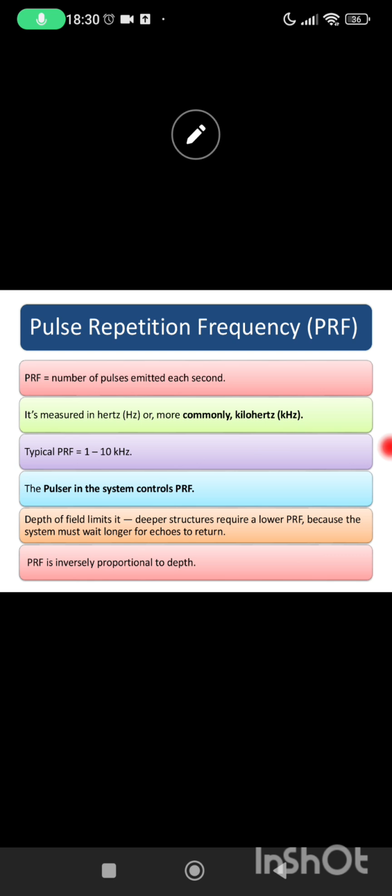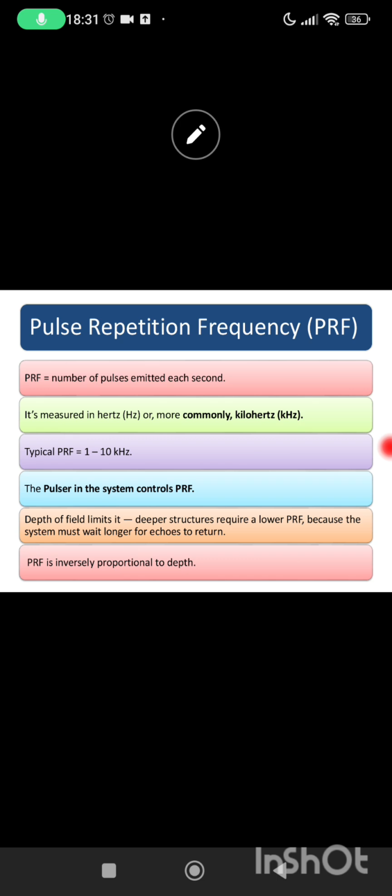And what controls the PRF? The pulsar controls the PRF, because it provides the voltage to the crystal. Also there is a clock in the pulsar which decides the timing and number of pulses transmitted per second.